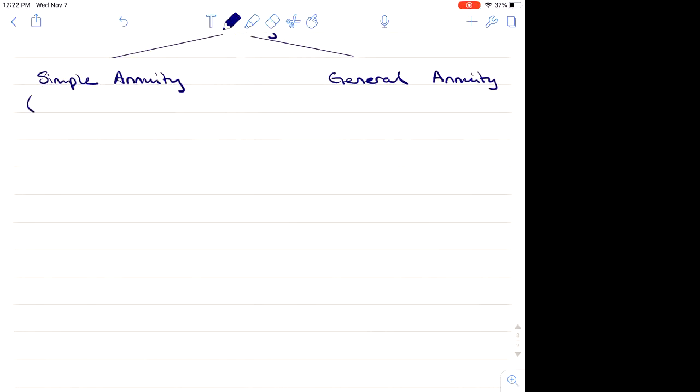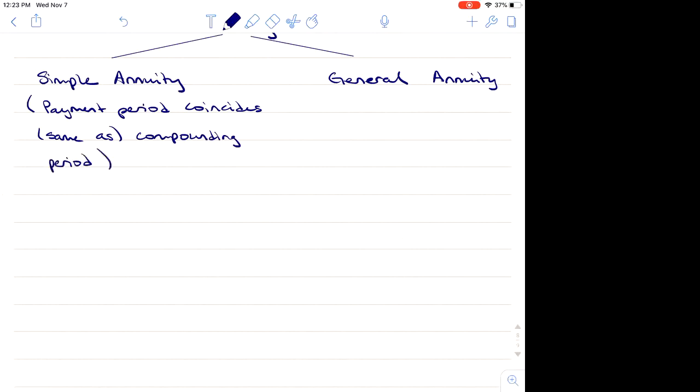A simple annuity is where the payment period coincides with, that is, is the same as, the compounding period, or frequency if you want.